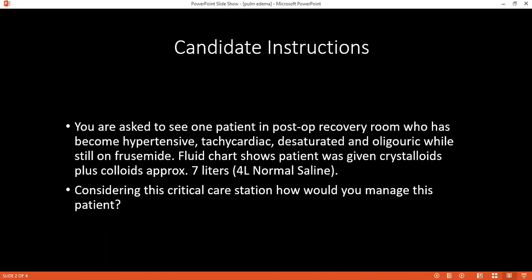Right. So if you have read and understood, considering it a critical care scenario, kindly tell me how would you manage this patient now?